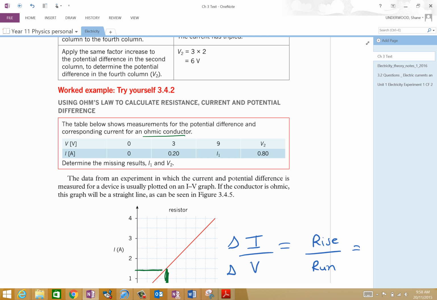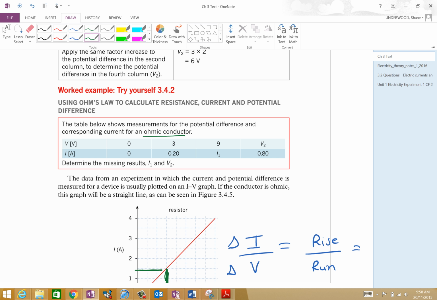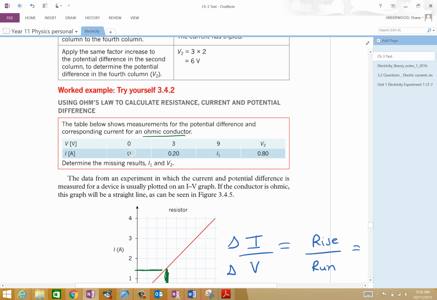Ohm's law applies actually for the non-ohmic too, but of course it's not going to be linear. So if we go from 0.2 amps, and I'm going from 3 volts to 9 volts, given that V is proportional to I or vice versa, what's this current going to be?